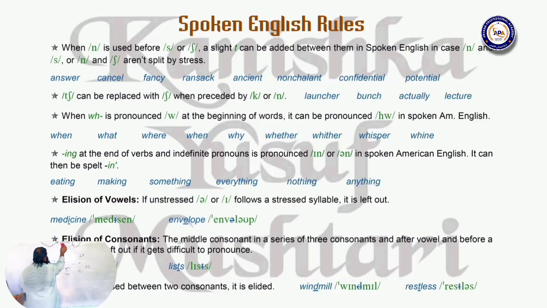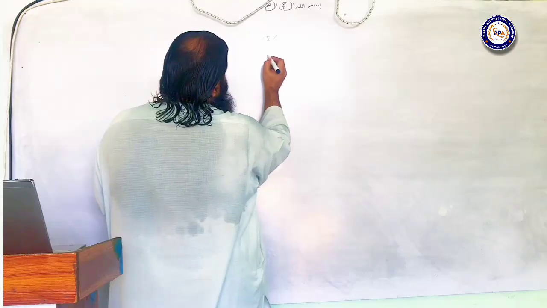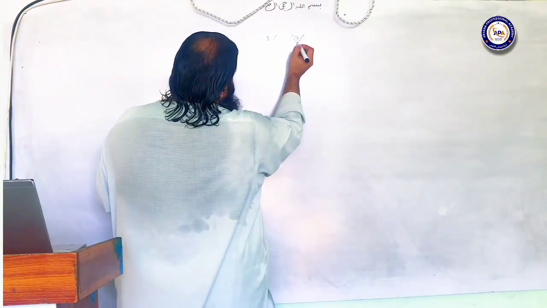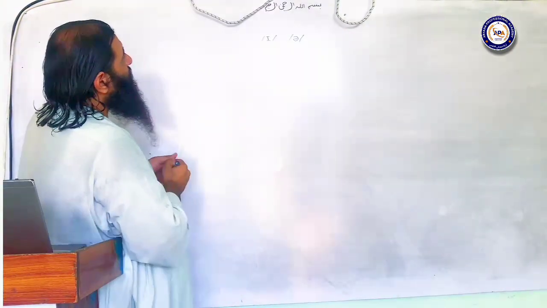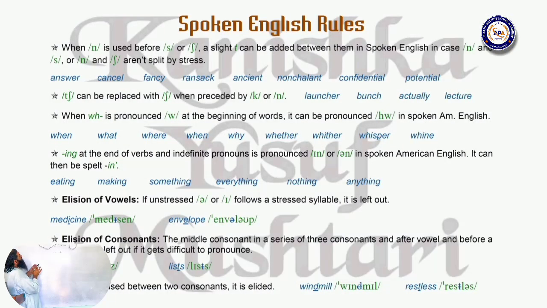Usually, we can elide these two vowels. Sometimes we can leave out these two vowels, but not all the time, of course. They can be elided if there is no stress in the syllable where one of these sounds is used, but the previous syllable is stressed.